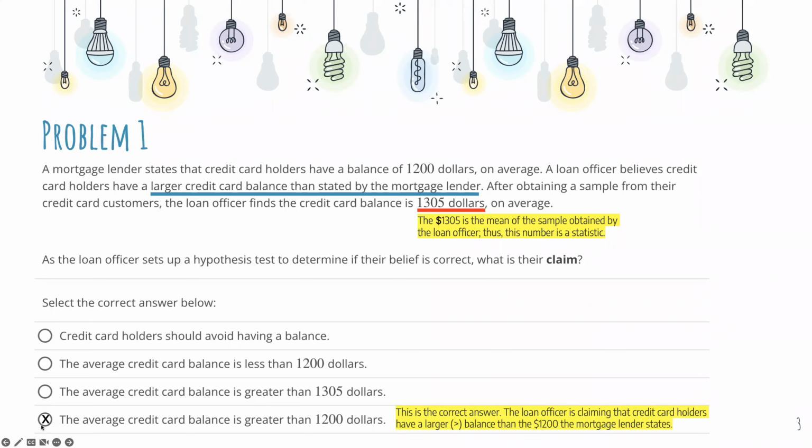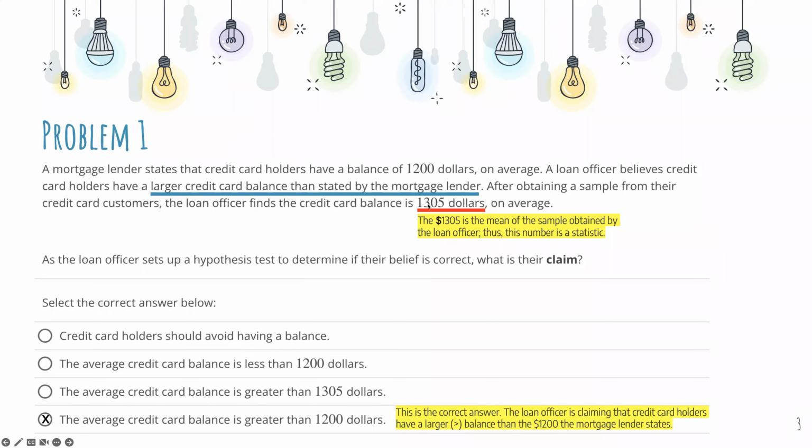What are they saying? They're saying that the average credit card balance is greater than $1,200, which is the previous value, right? We had previous knowledge of that balance being 1,200 on average, and he believes it's more than that. He gets the sample and the mean is 1,305.